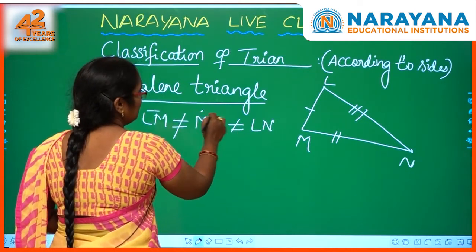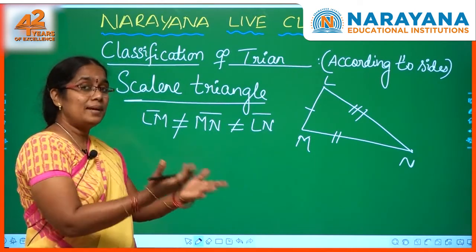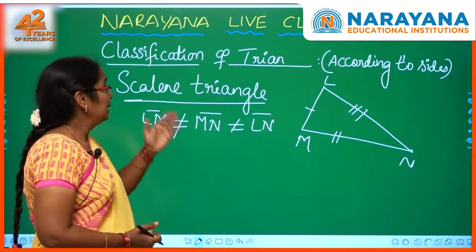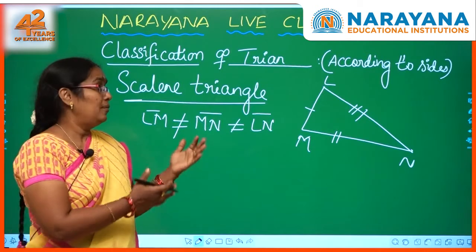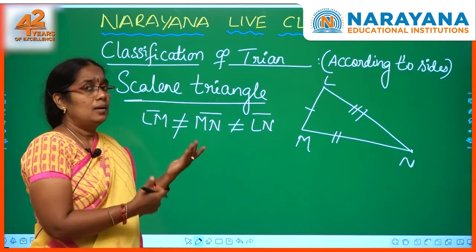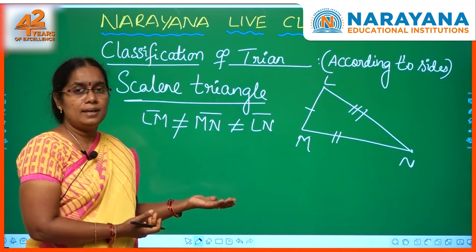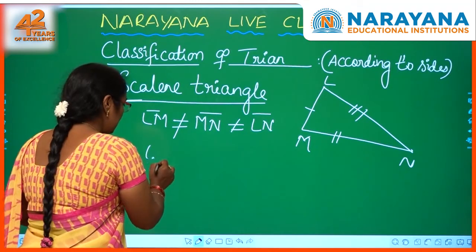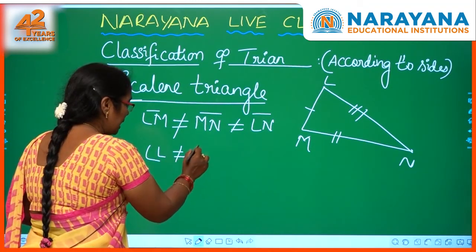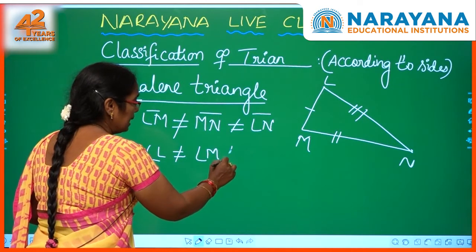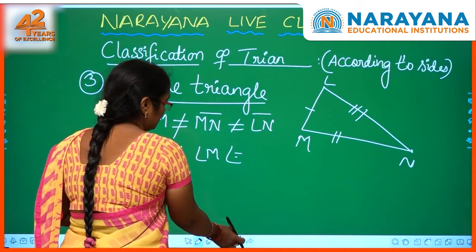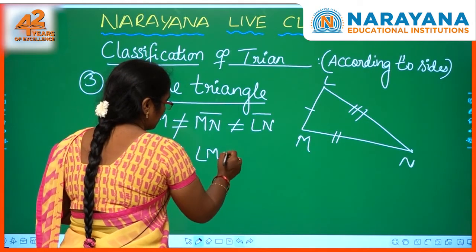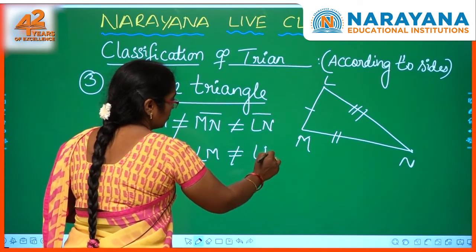All the three sides are with different measurements. If sides are different, obviously angles also will be different. So angle L is not equal to angle M is not equal to angle N.